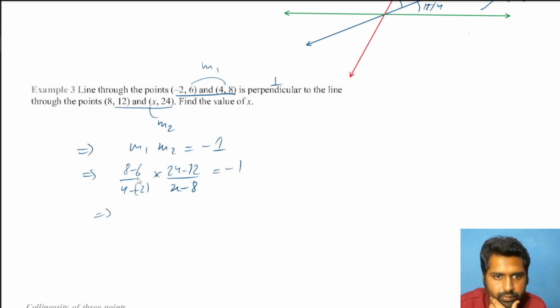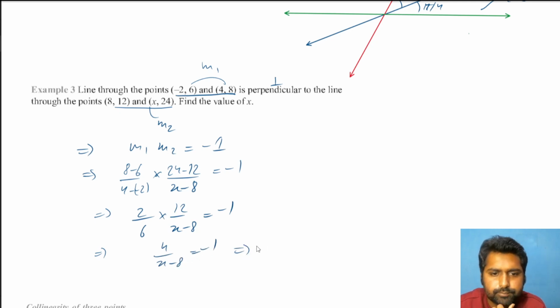So 8 minus 6 is 2 upon 6, into 12 upon x minus 8, is equal to minus 1. Okay, so you will get 4 upon x minus 8 equal to minus 1. Solve it further. x minus 8 equal to minus 4, x is equal to 4.